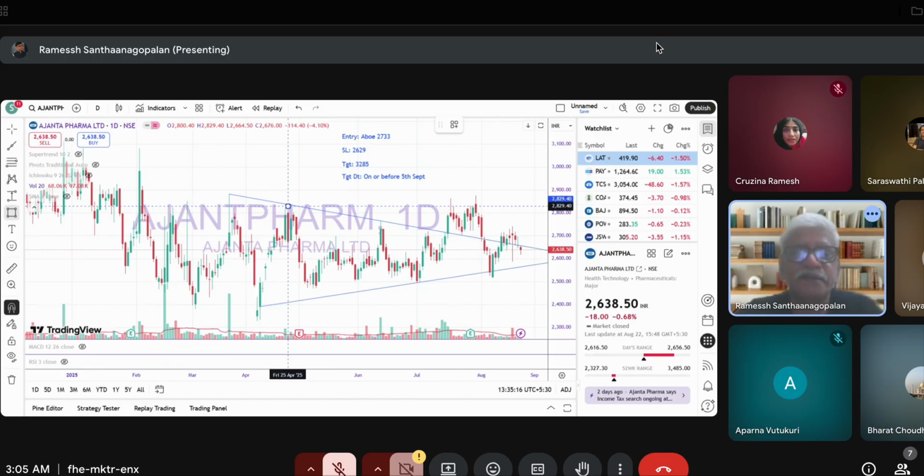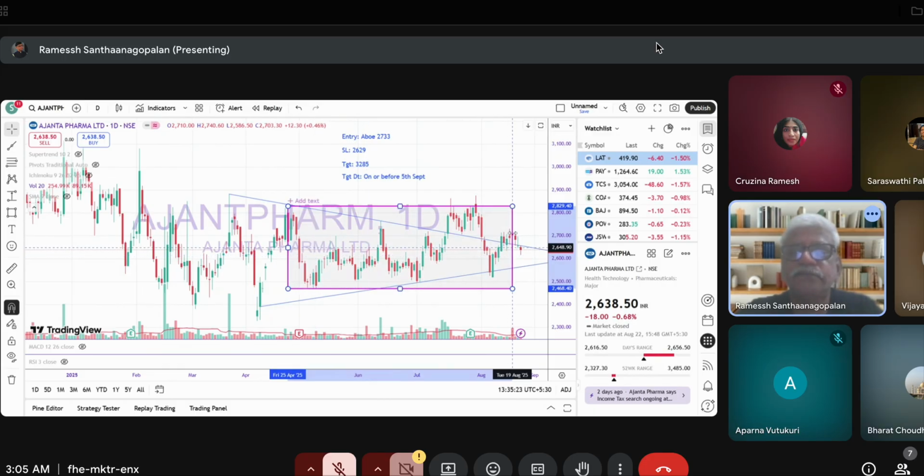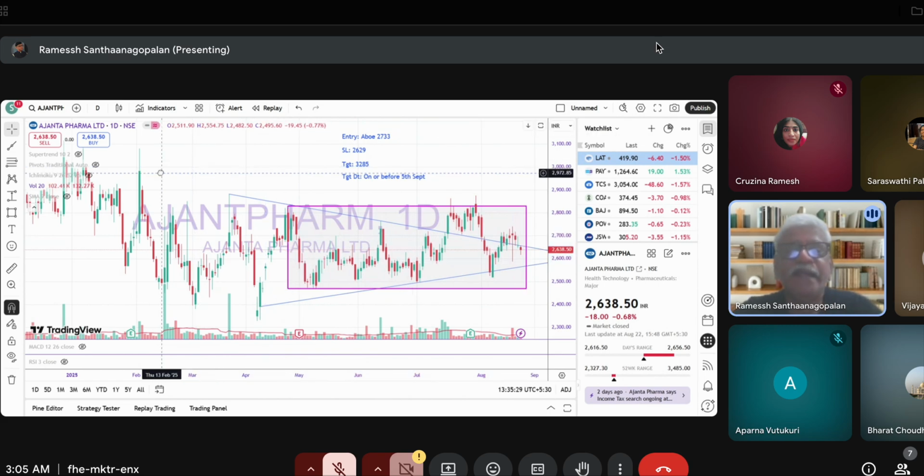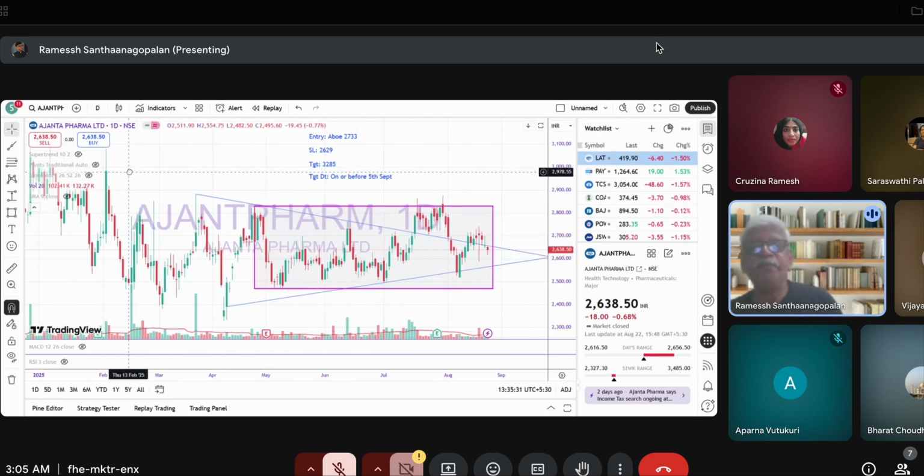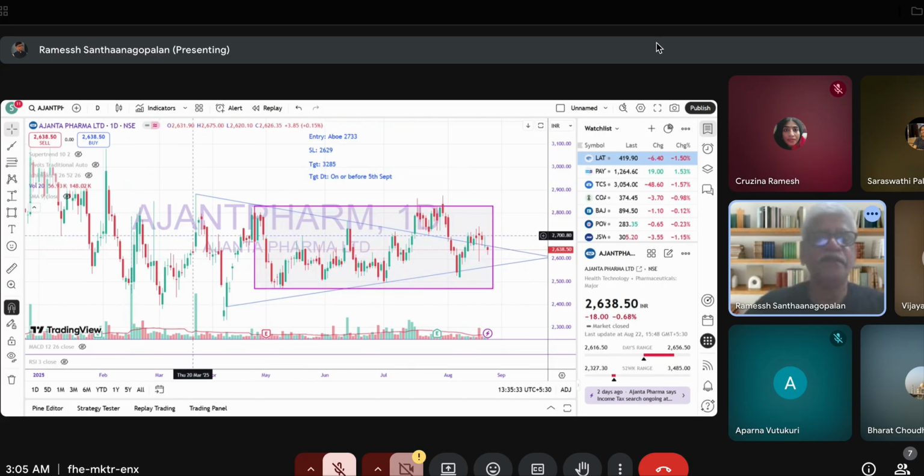Because you see here, the rectangle fits perfectly. You can see the stock, this is the high on this day, this is the low on this day. The stock is moving within this range. It went, again it started coming down, it went, again it started coming down.